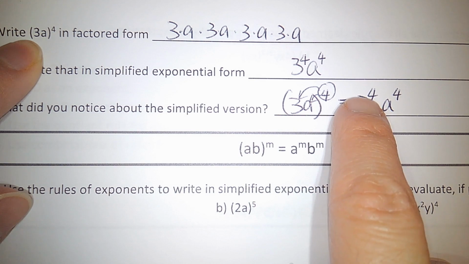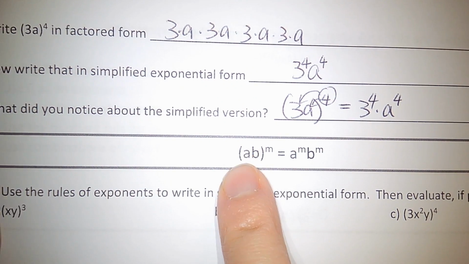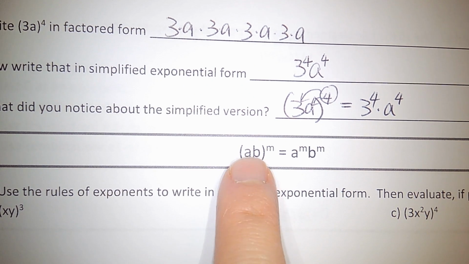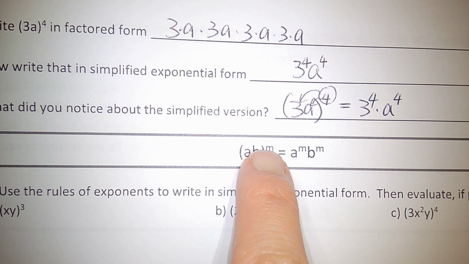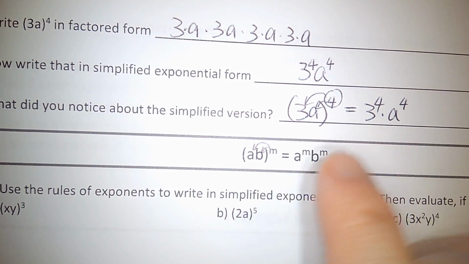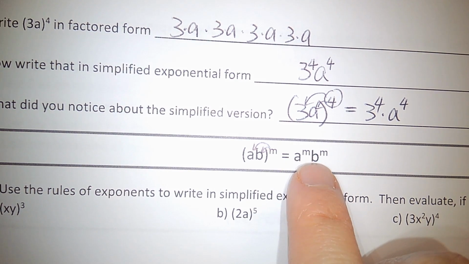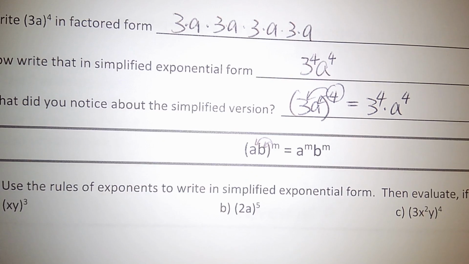So we get 3 to the 4th power, a to the 4th power, right? So in general, we have this rule. (a times b) to the m power can be written as what? a to the m power times b to the m power. Okay?